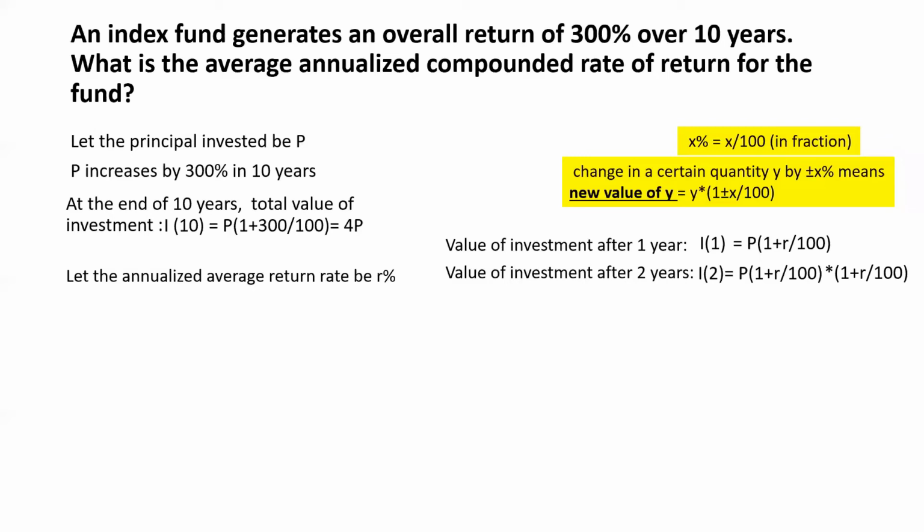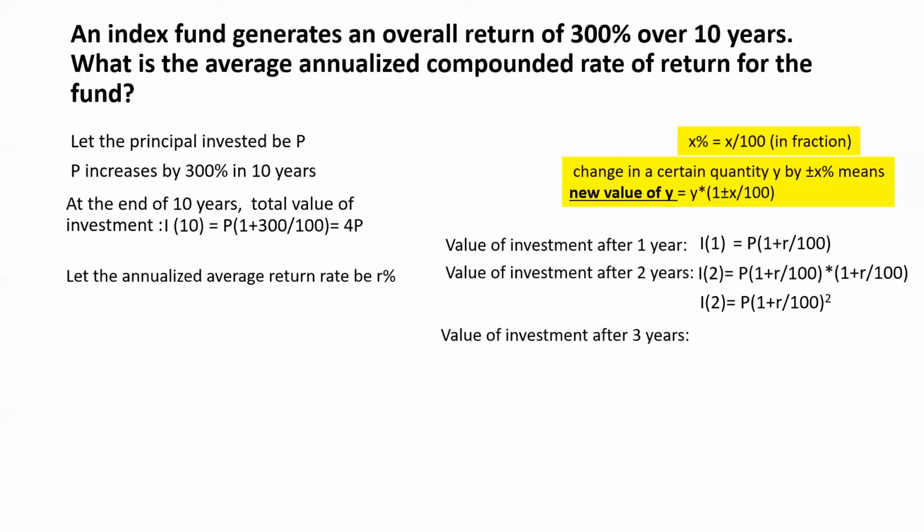And if you do the math here, this comes to P multiplied by 1 plus R by 100 whole square. So that's the value of the investment after 2 years. So what would be the value of the investment after 3 years?